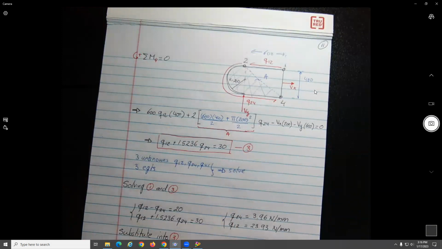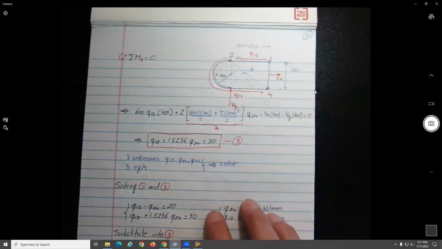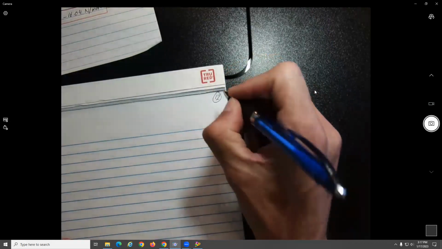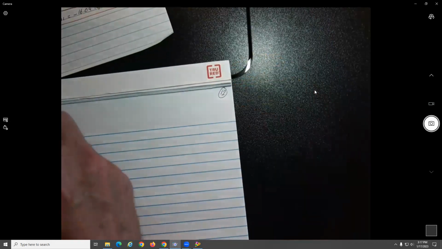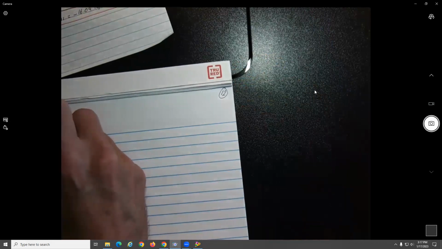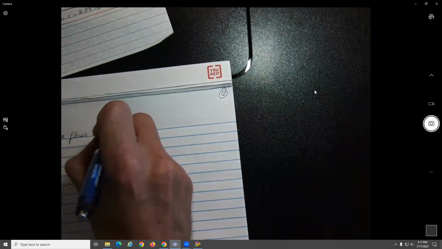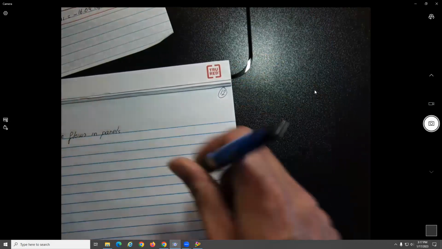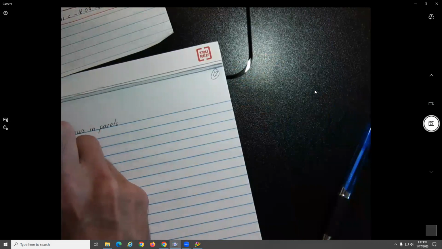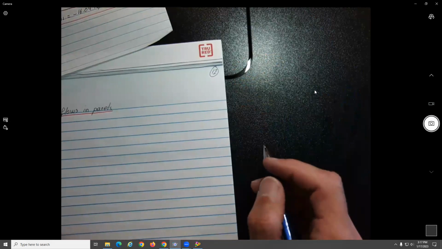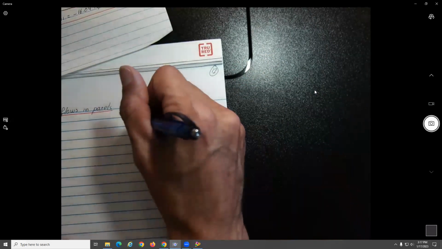Okay, so now we're almost done. So this is the flows in the flanges. Now the shear flows in panels. Sometimes they call it webs or skin. So again, let's redo a figure.